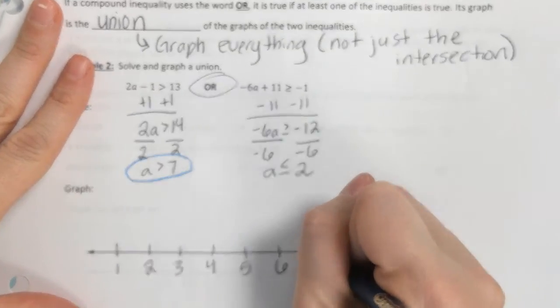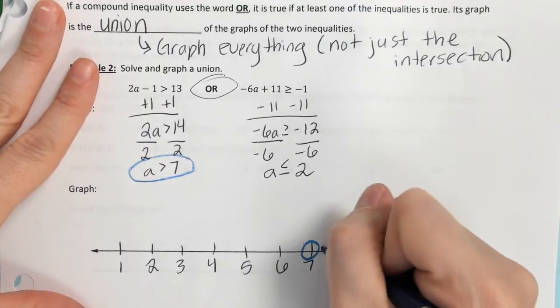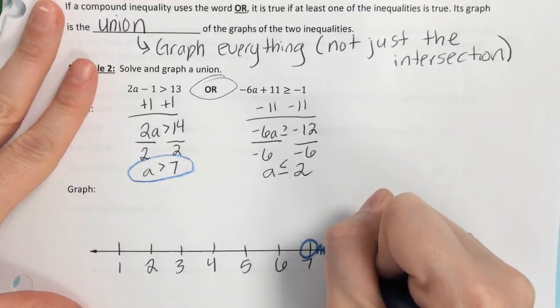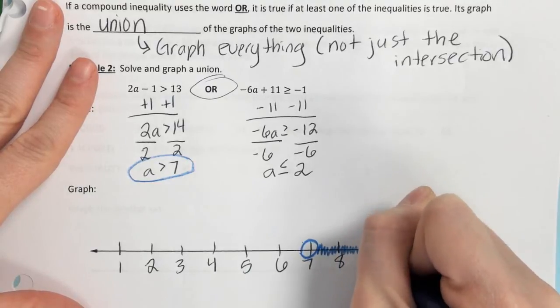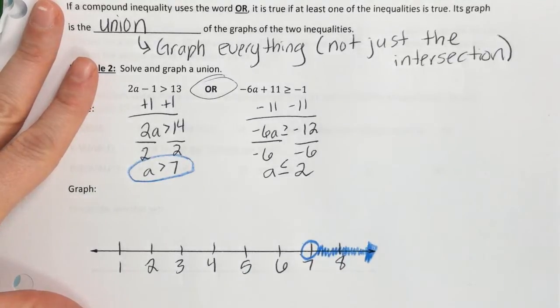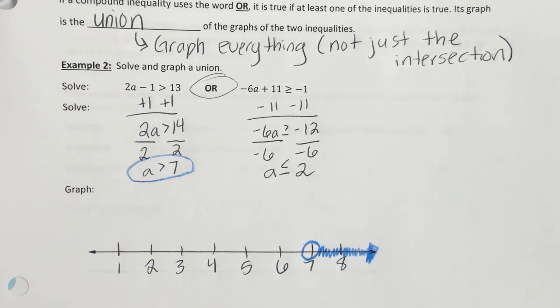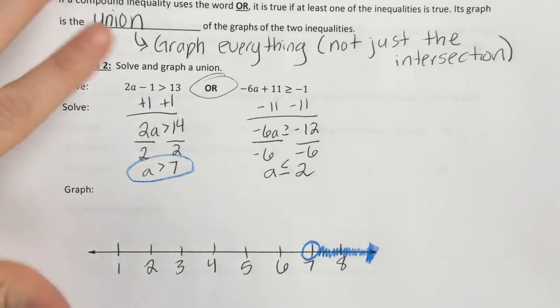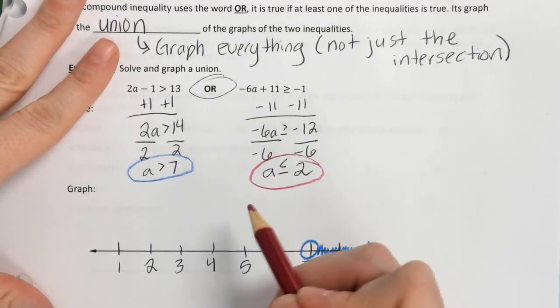I'm going to have an open circle at 7, and then I shade to the right. Okay, so now I'm graphing A is less than or equal to 2 in my other color.